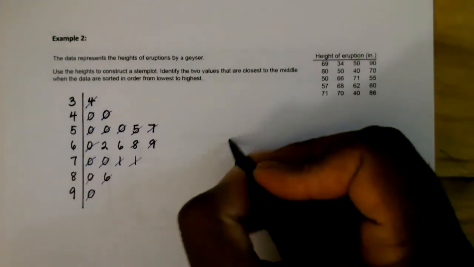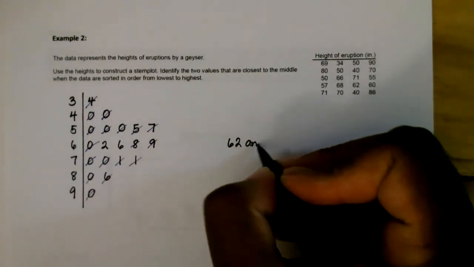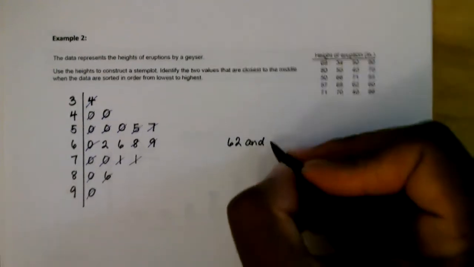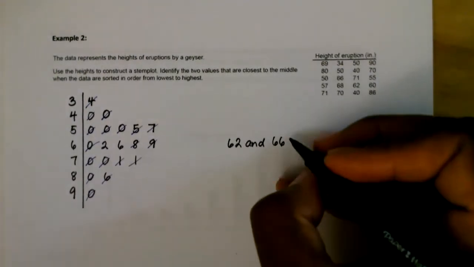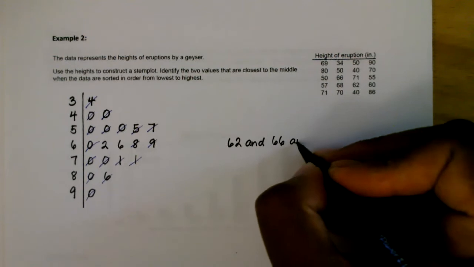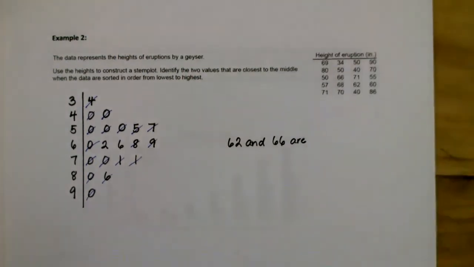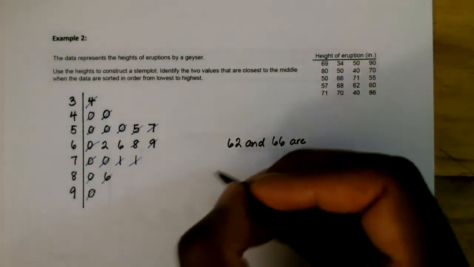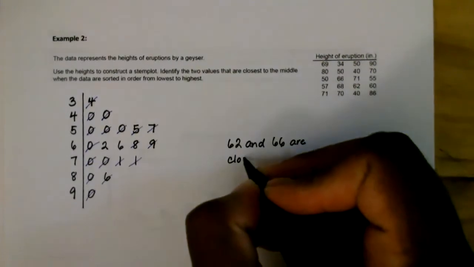So here, 62 and 66 are closest to the middle.